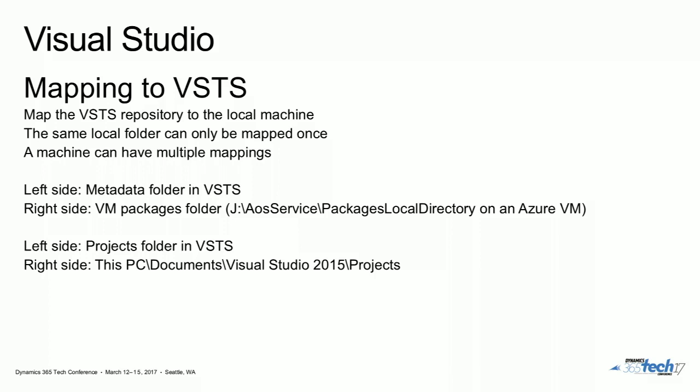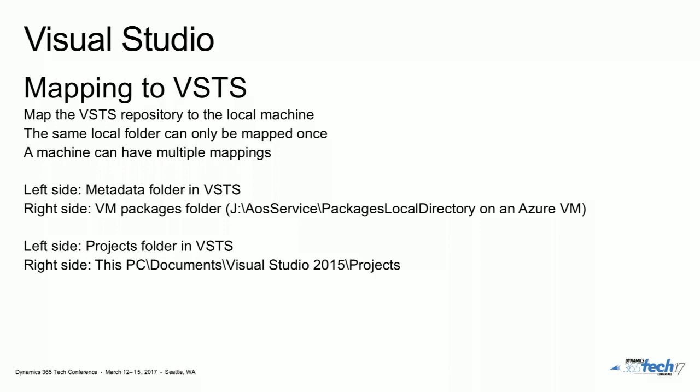So in that mapping window, the left side is the folder in VSTS, and the metadata folder goes to the packages folder of the VM, which is on the J drive that I talked about. On a VHD, it's right on the C drive; they only have one drive.